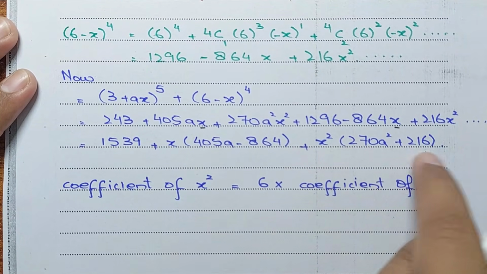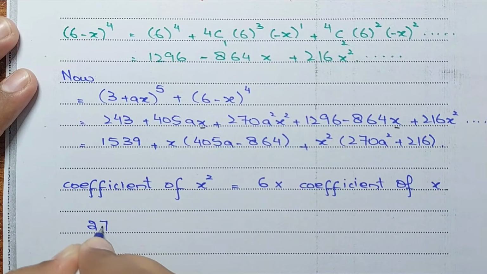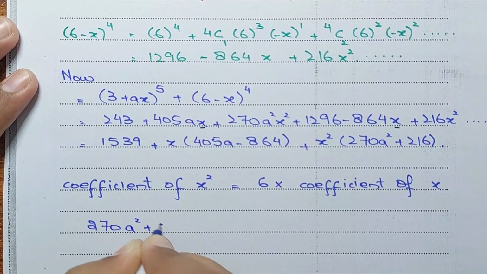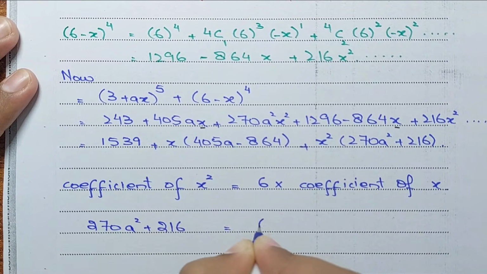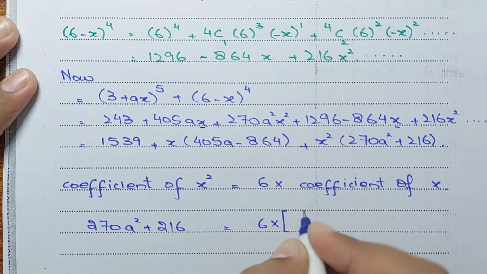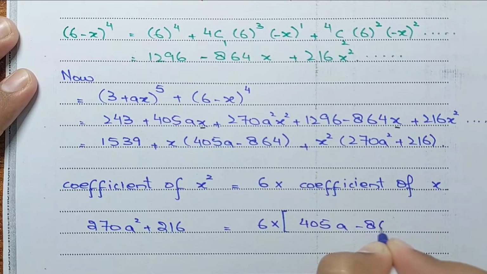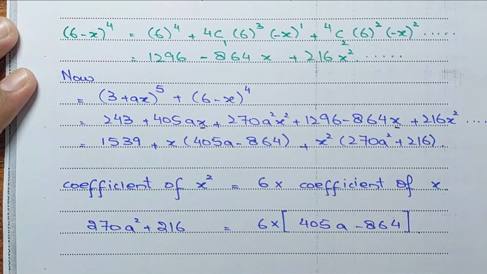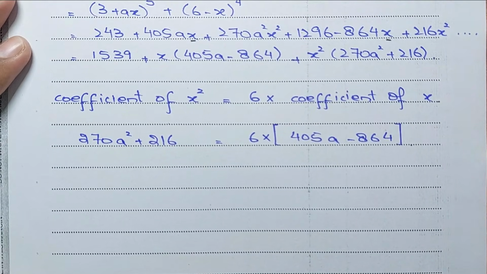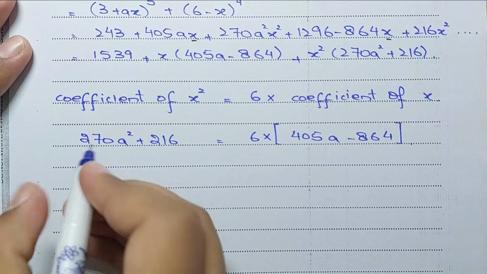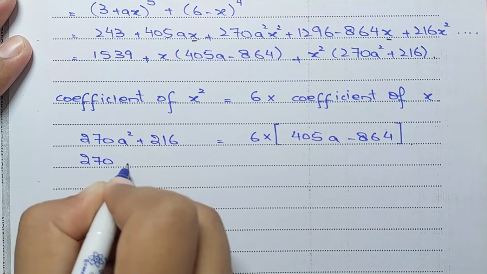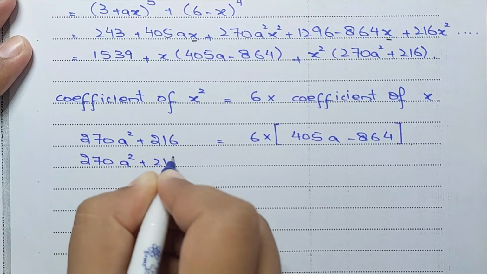Okay, so the x square coefficient is this, 270a square plus 216. This is equal to 6 times the coefficient of x, which is 405a minus 864. Now we have to find the values for a, right? 270a square plus 216.